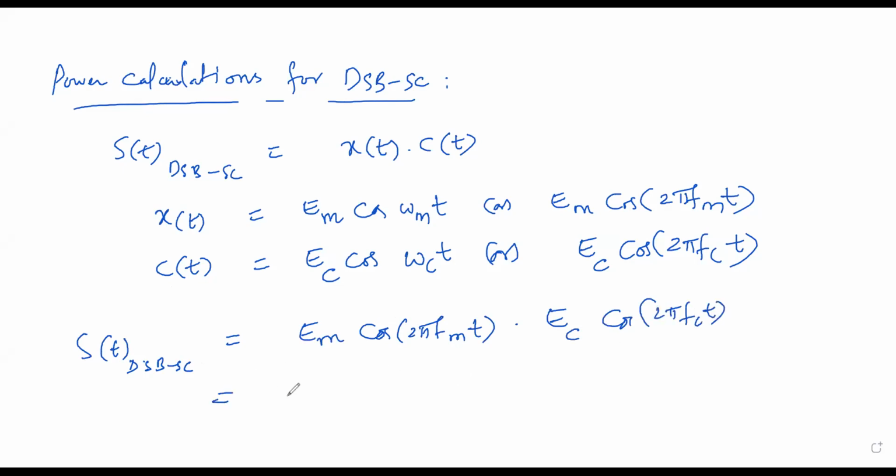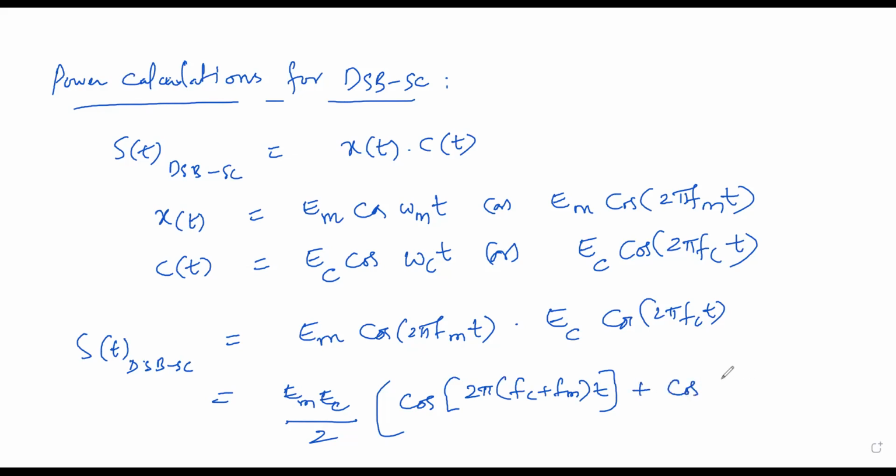So taking Em and Ec out, we have cos A cos B. So this will become 1 by 2 into cos of A plus B plus cos of A minus B. So 2 pi t is common, I am taking that as common, right? Cos of A plus B plus cos of A minus B.